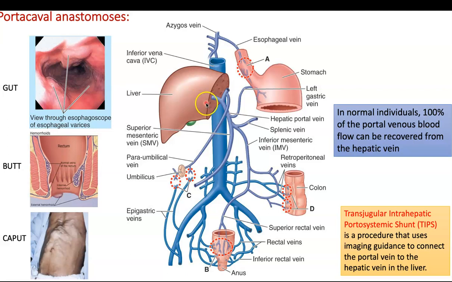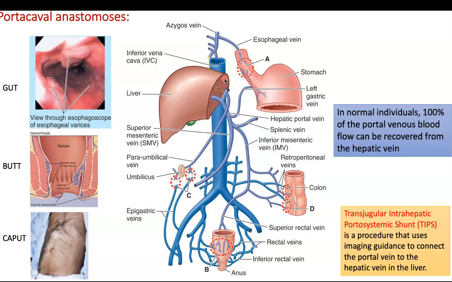Now, as the blood flows through the liver sinusoids, I will show you histologic slides of liver sinusoids. The mixed blood from the portal vein and the hepatic artery are mixed in the hepatic sinusoids, and as the blood travels through the liver parenchyma, the hepatocytes pick up those toxins and detoxify them, so that those toxins cannot reach the systemic circulation.